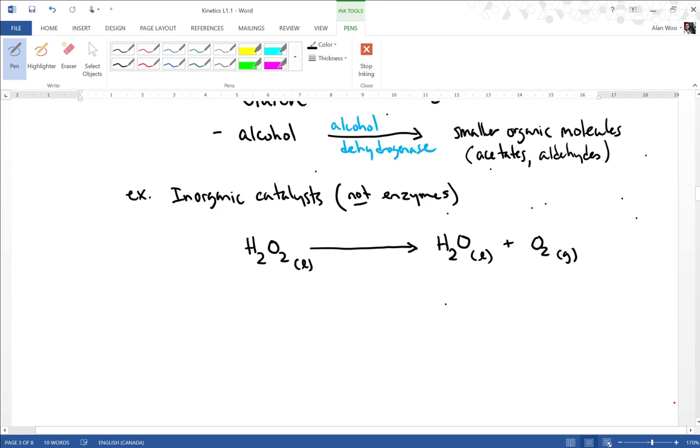Okay. But without a catalyst, this reaction is slow. But if we do add a catalyst, and this catalyst happens to be an inorganic chemical called manganese dioxide. Okay, so this is our catalyst. Then the reaction proceeds much more quickly.